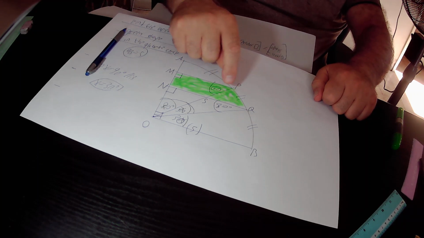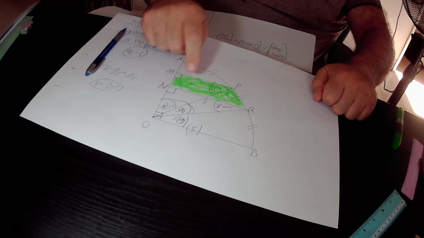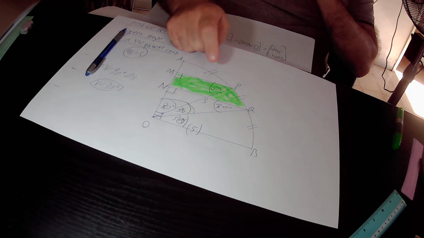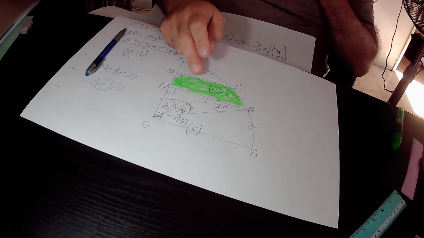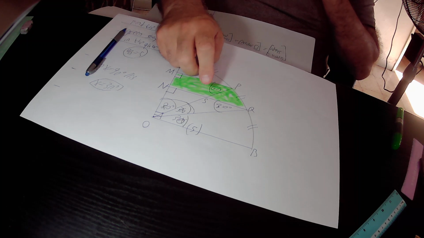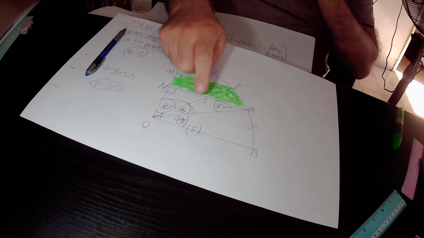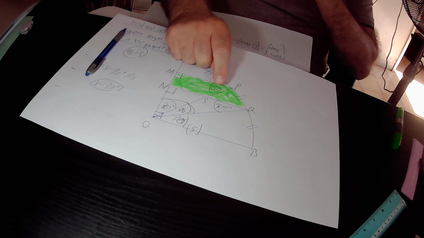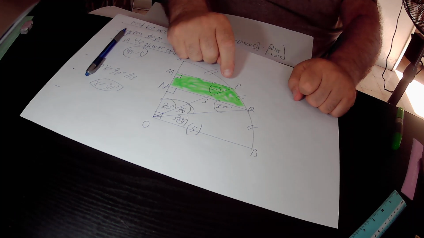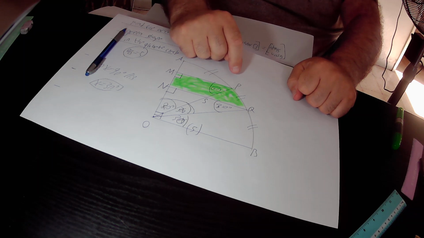So the area of triangle SQP plus the area of this shape PQS equals the area of the green shape. But what is the area of SQP plus the area of PQS? Actually, it is exactly the area of sector PQO.